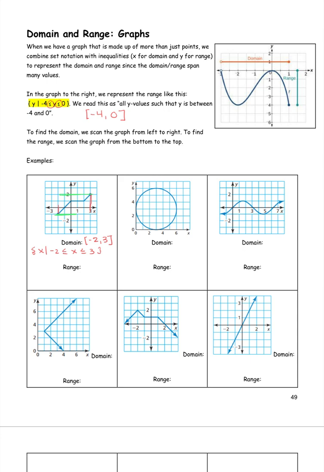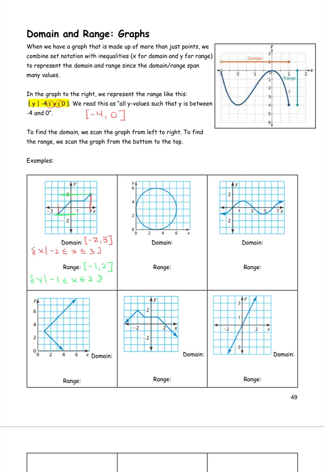So my range, again included, is -1 to +2. Using my set notation, -1 less than or equal to y less than or equal to 2, with my curly brace, again, all y values such that y is between -1 and 2.